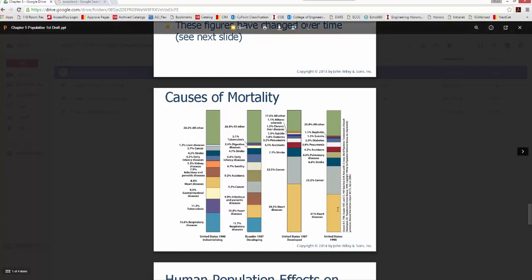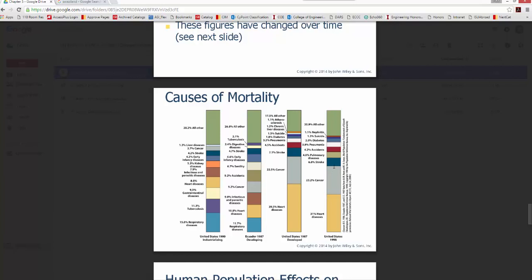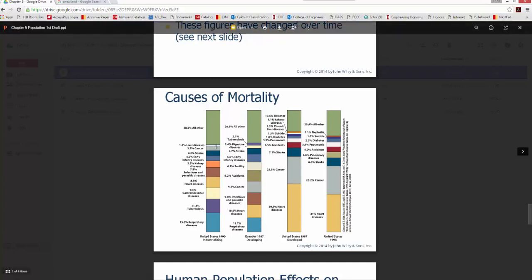Now you look in 1998, respiratory diseases make up a very small percentage here. Well, let's see, where's the respiratory? In fact, I can't even find it. Let's look at infectious and parasitic diseases.